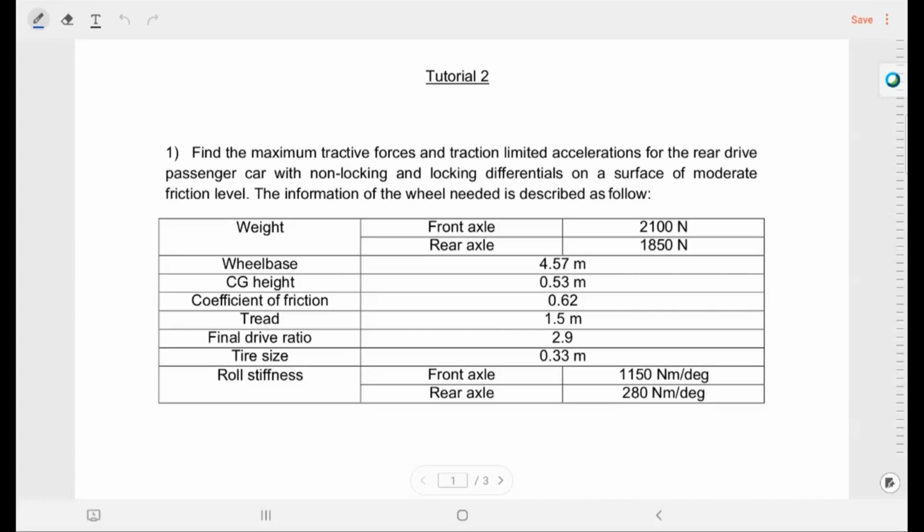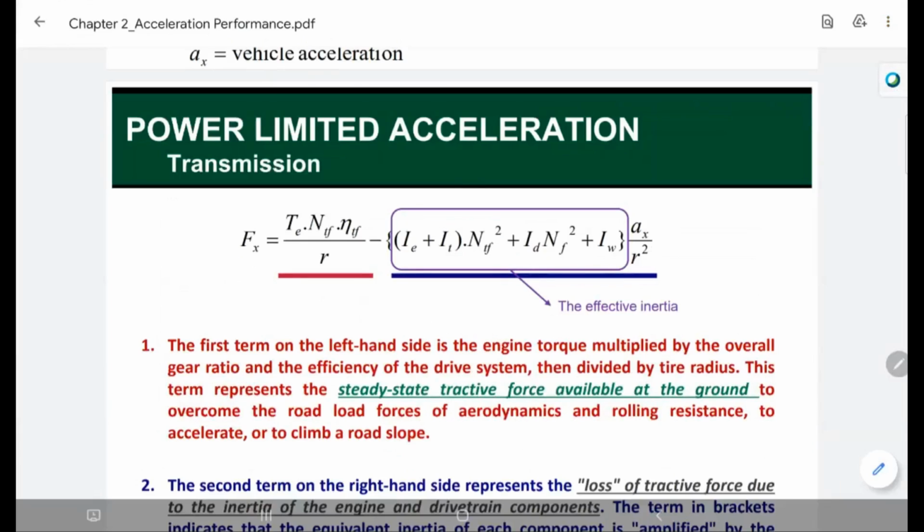Okay. So you must go back to your lecture note, okay, how to solve problem by using this equation. Nampak kan yang Fx equal to blah blah blah.